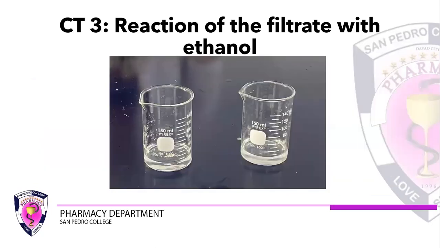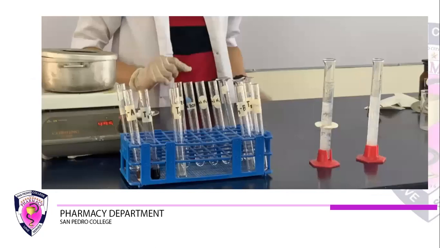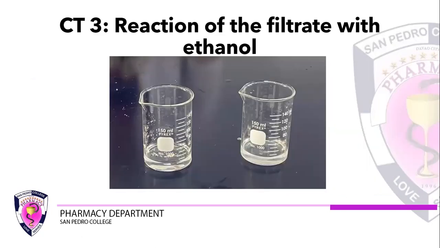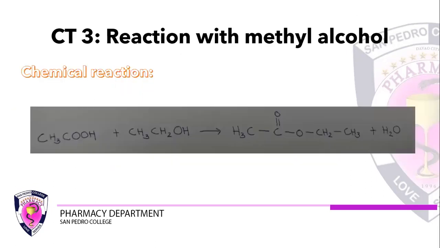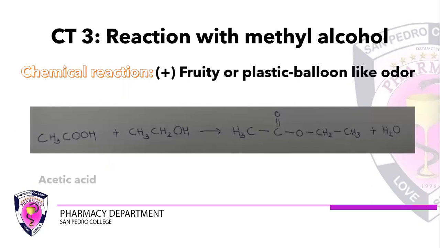Okay, and the last one, it's the reaction of the filtrate from chemical test number 2 with ethanol. So once again, itong product na ito, i-filter out siya, yung filtrate, yun siya ang react with ethanol and sulfuric acid. So it's an example of an esterification reaction. So ang positive result dapat it should be a fruity or a minty odor.